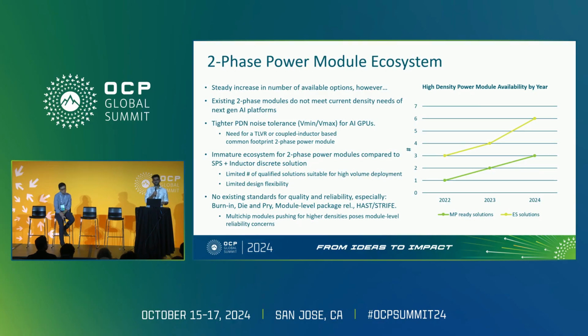What we really need is a common footprint definition with TLVR or coupled magnetics in order to improve the transients. That's what AMD has been working on closely with our industry partners and vendors.